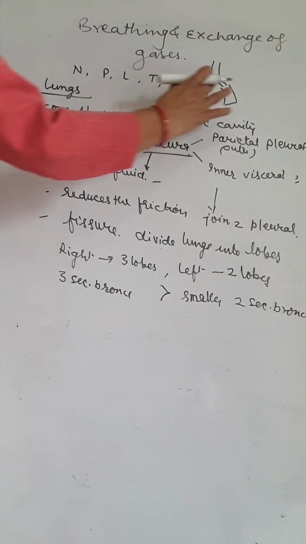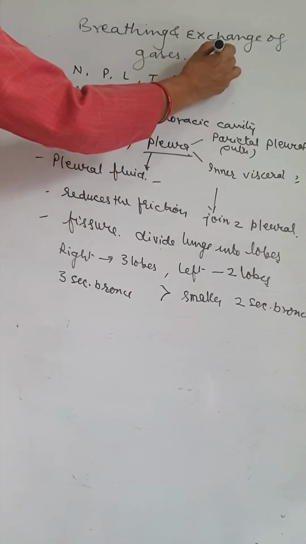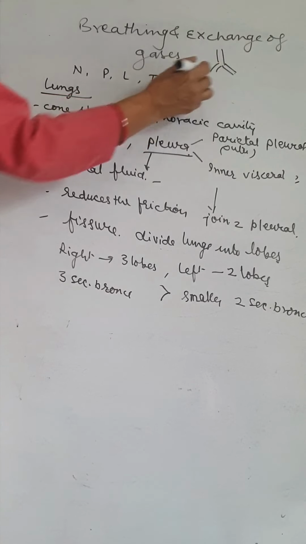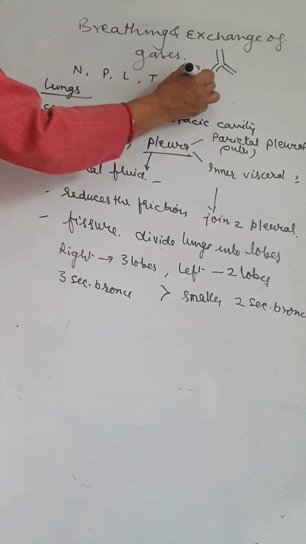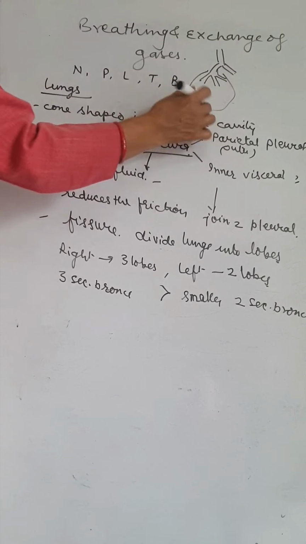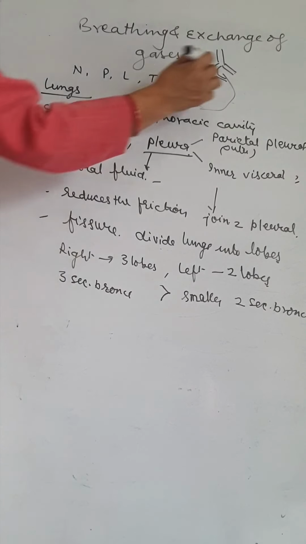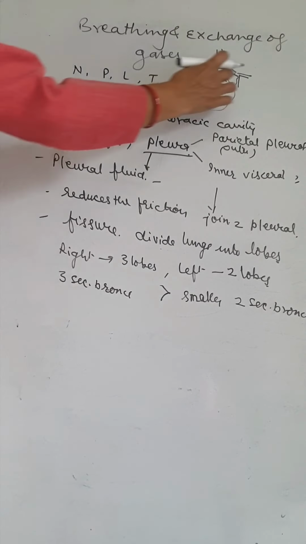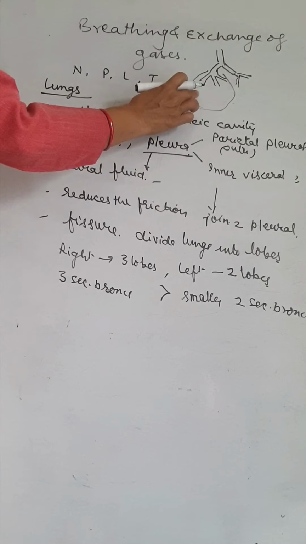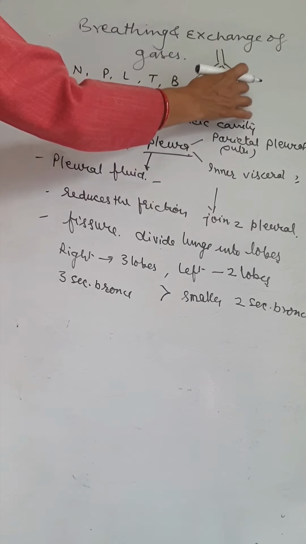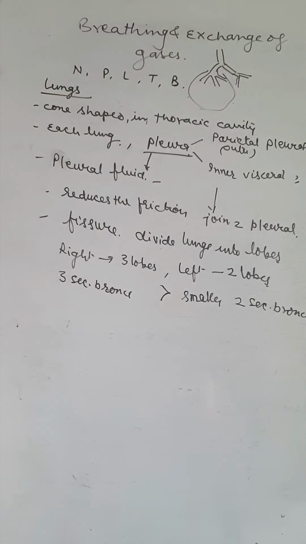So the right primary bronchus divides into three secondary bronchi, and the left primary bronchus divides into two.